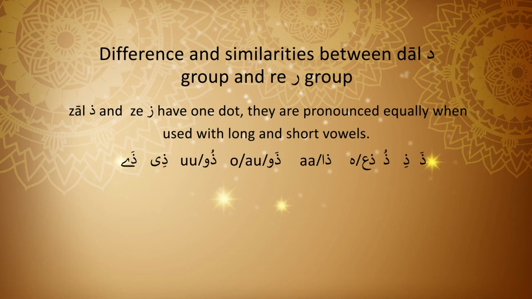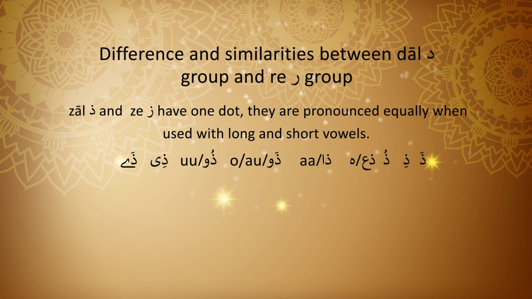We have examples of Zal and Z here with diacritic marks of zabar, zer, pesh and long vowels. We'll see, insert them on Zal: za, zi, zu, za, za, zau, zu, zi, ze. Insert them on Ze, they will be pronounced likewise.